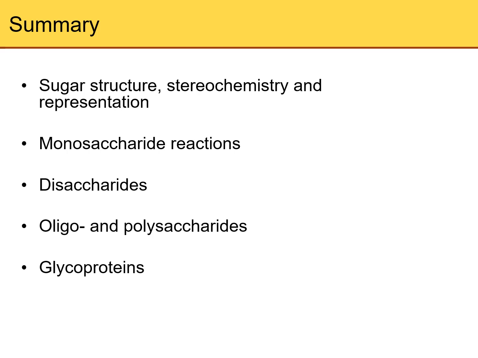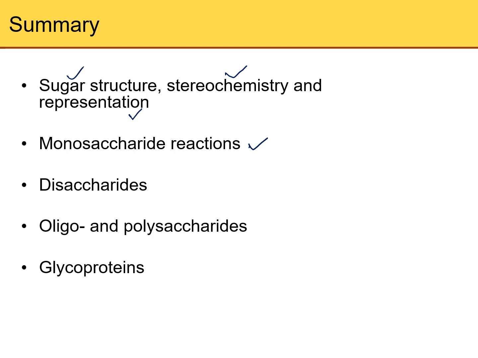This is what we'll talk about: sugar structures and the stereochemistry. These can be stereoisomers, and there are two ways of representing them, as a straight chain or as cyclic compounds. Hopefully by the end of today we will have finished monosaccharides and their reactions.